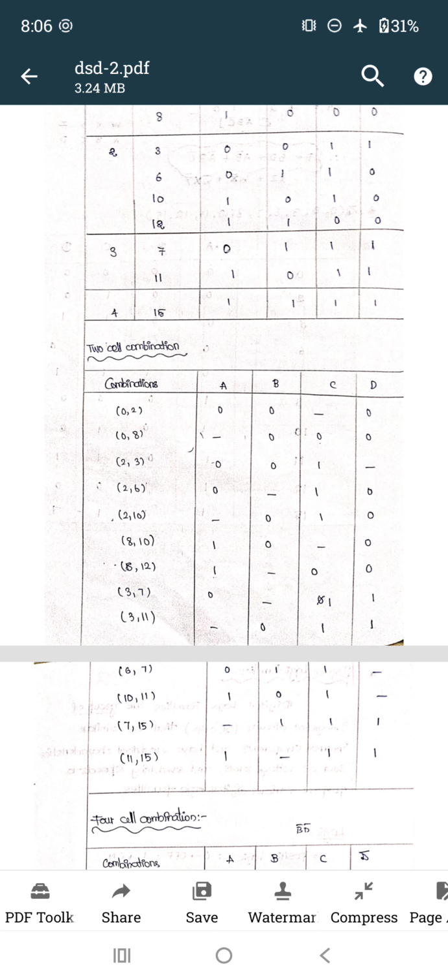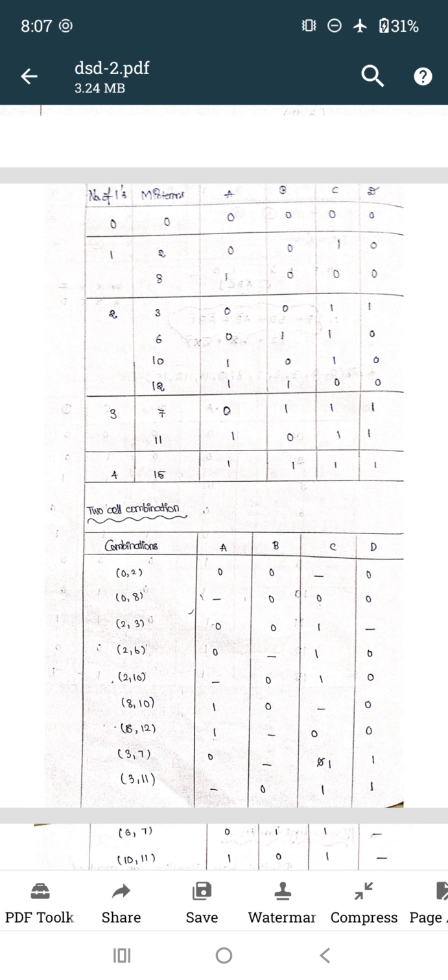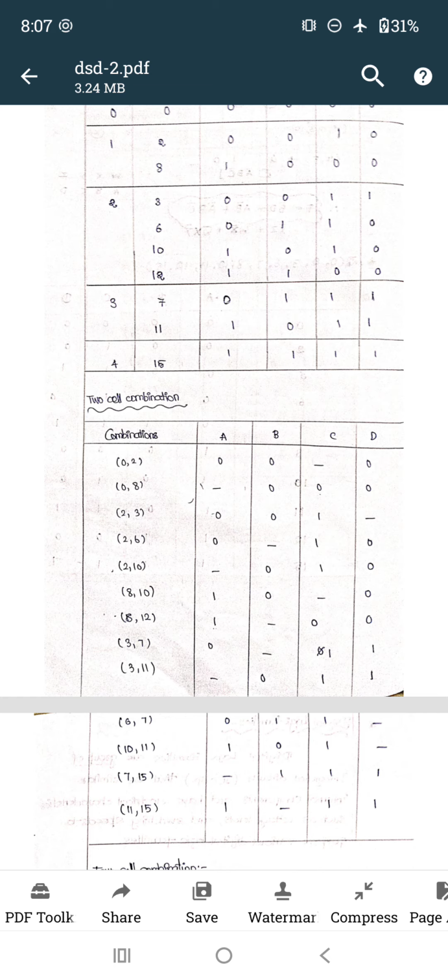In the two-cell combination, we are going to compare the zero ones grouping with the single ones grouping, the single ones grouping with the 2 ones grouping, the 2 ones grouping with the 3 ones grouping, and the 3 ones grouping with the 4 ones grouping. So we are going to reduce the table by combining.